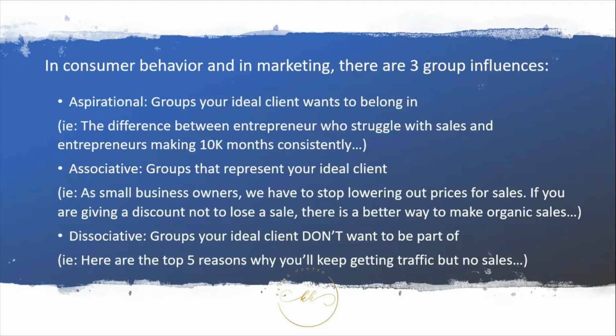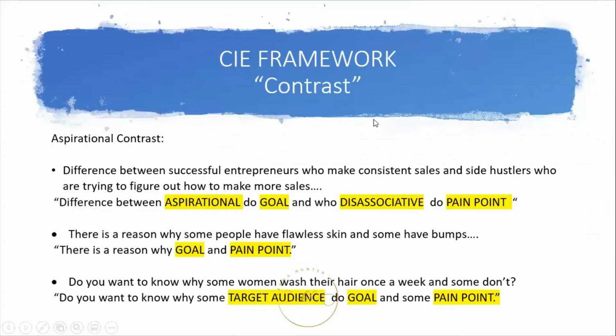So that's your dissociative group. The entrepreneurs that don't make sales is the group that you dissociate with. So in my CIE framework, the first step is contrast. And the contrast is exactly that. This is the contrast in between the groups. You're going to show the contrast in between these 3 groups we talked about.